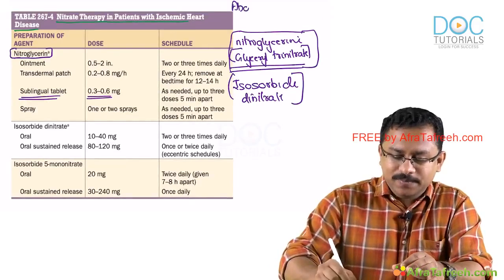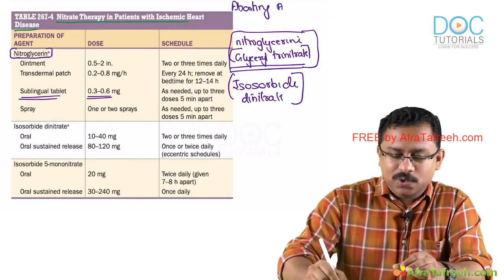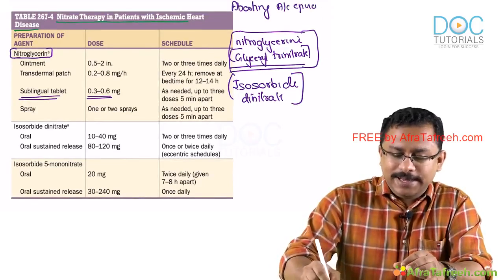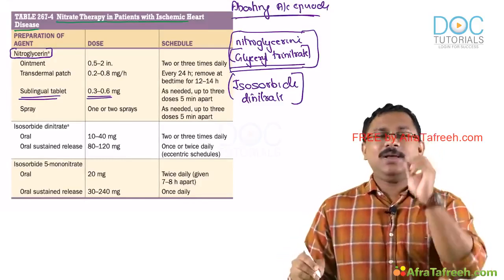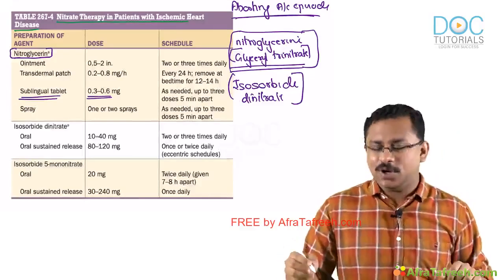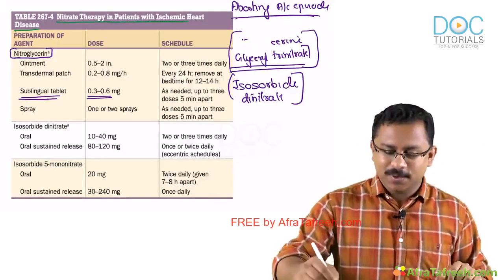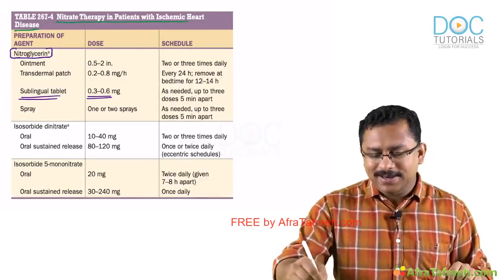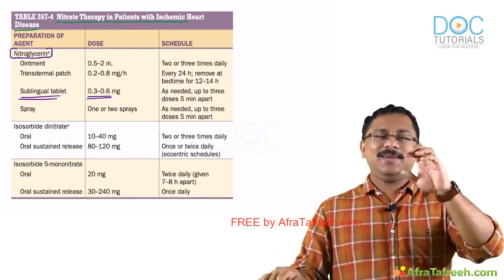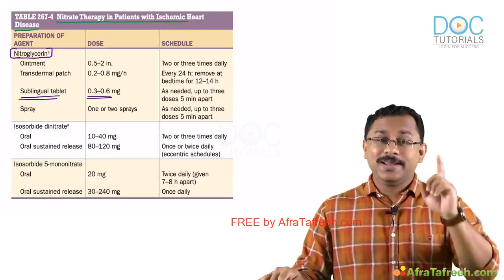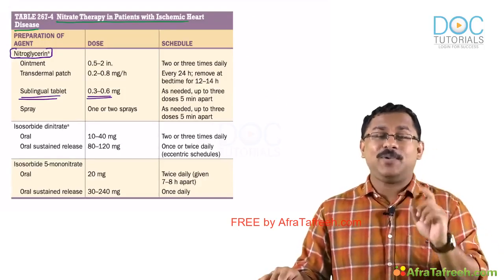So for aborting an acute episode, you can go for either sublingual nitroglycerin or a tablet of isosorbide dinitrate. Very important.